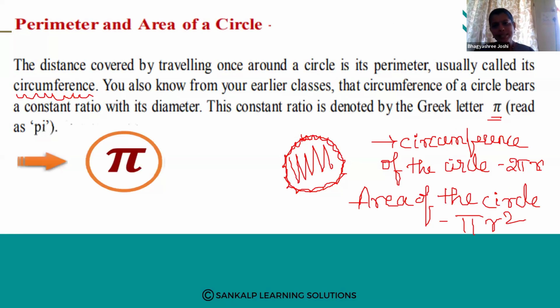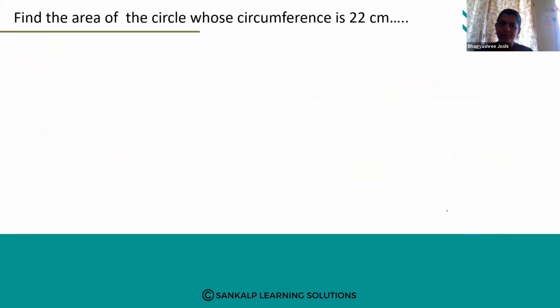Next comes: find the area of the circle whose circumference is 22 centimeter. See here, we need to find the area. What they have given is the circumference of 22 centimeter. That means the circumference is given and we need to find the area.